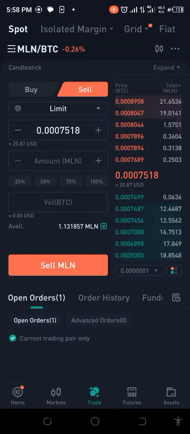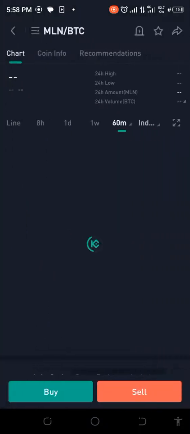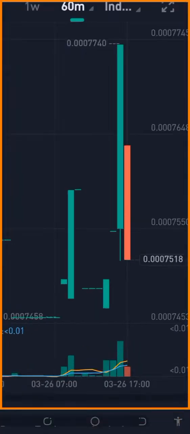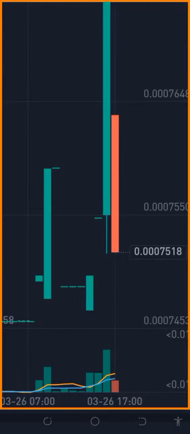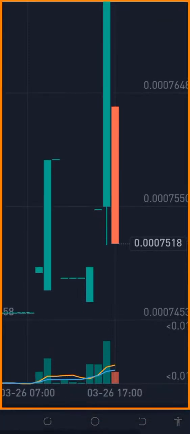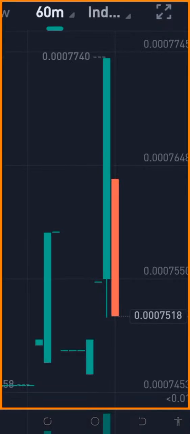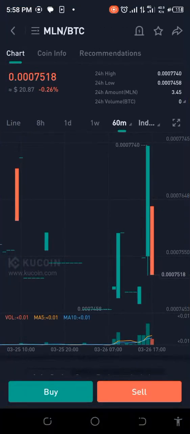Can you see that MLN BTC has gone down? It was 774. Wow. Are we going to have to do a spot trading here? Because right now it was 774. Wow, 774. And just within how many minutes it went down?